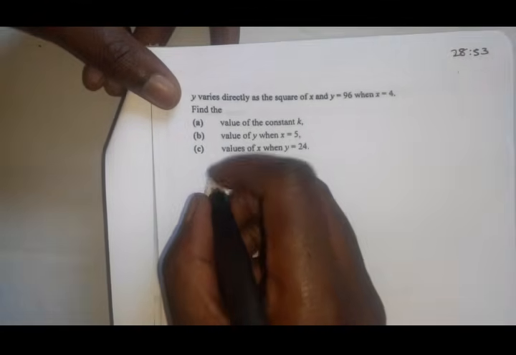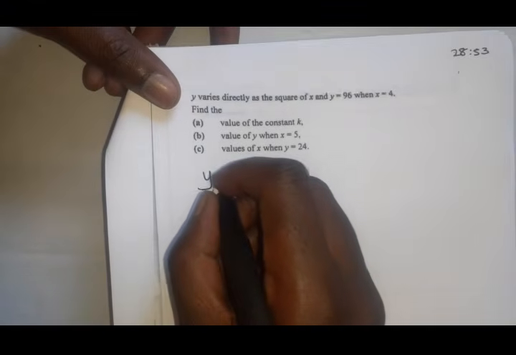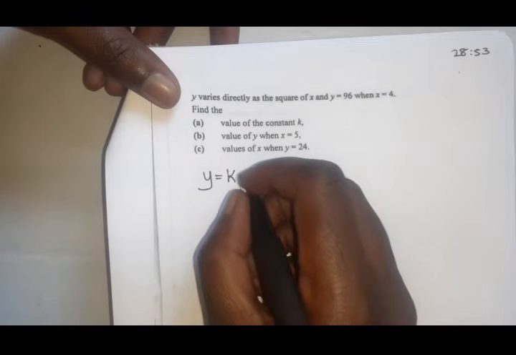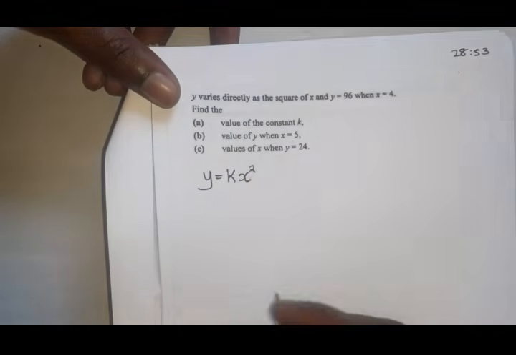So we come to question 12, which reads: y varies directly as the square of x. In terms of an equation, we write it as y is equal to k times the square of x.